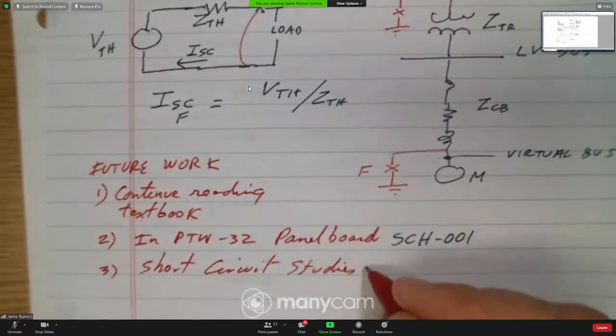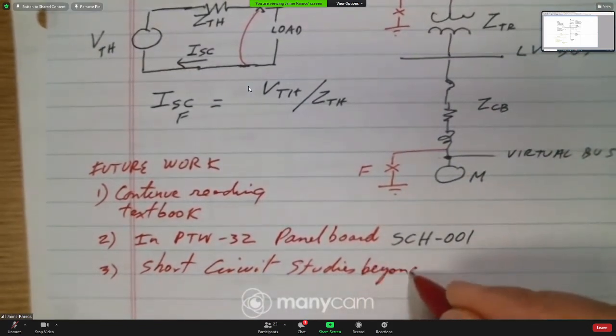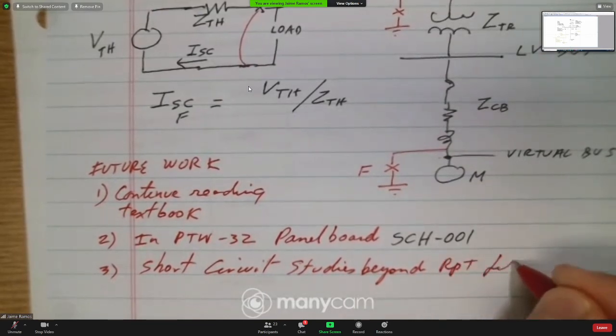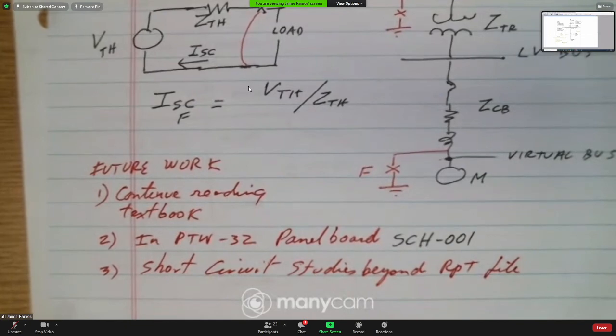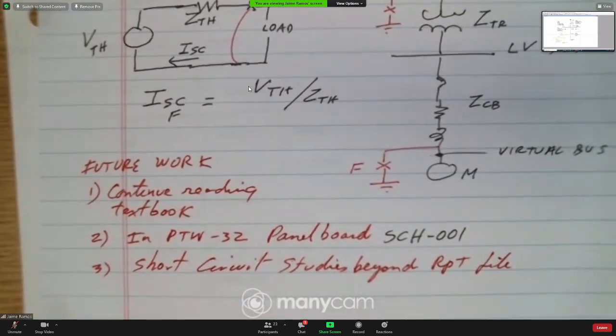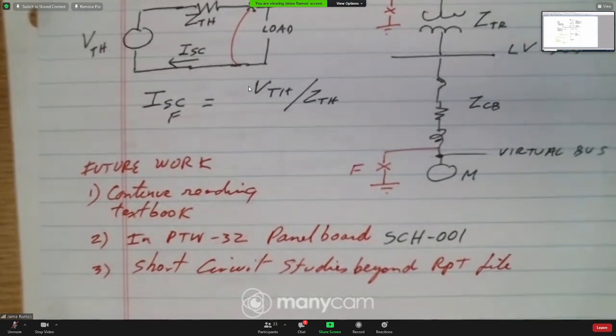Beyond the report file, which was the file that we finished a moment ago, SC.